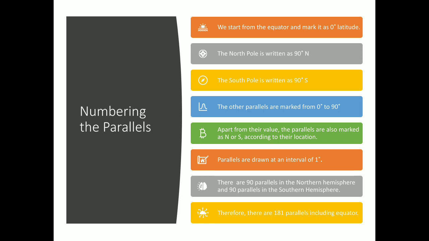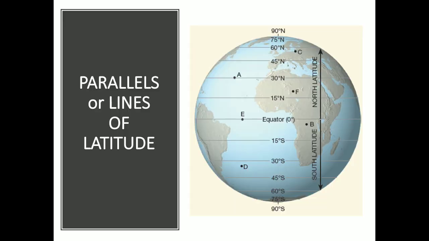The other parallels are marked from 0 degree to 90 degree. In this figure it is not possible to draw all the lines, so we have taken the margin of 15 degrees.